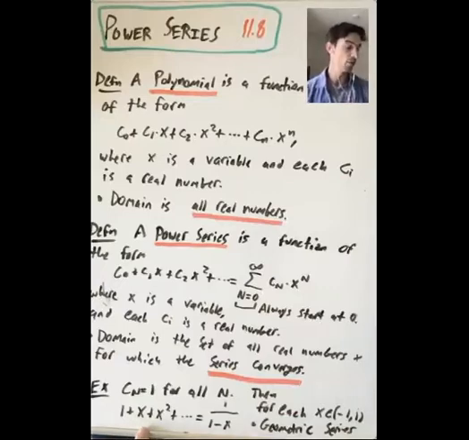But if you put in a real number, let's say r, where the absolute value of r is less than 1, then what you get is a series that converges. And in fact, we know what it converges to. It converges to 1 over 1 minus that number: 1 over 1 minus x, or 1 over 1 minus r, depending on what you're calling the input variable.